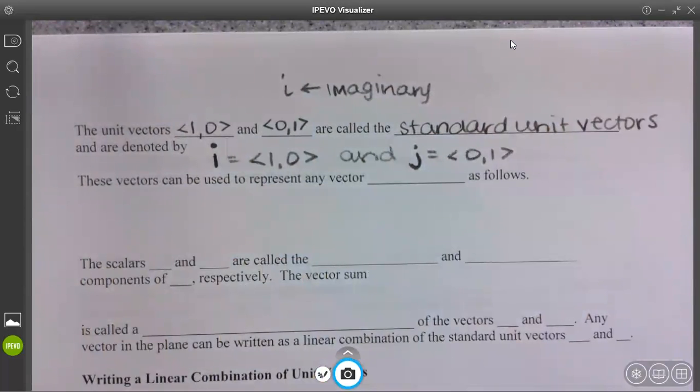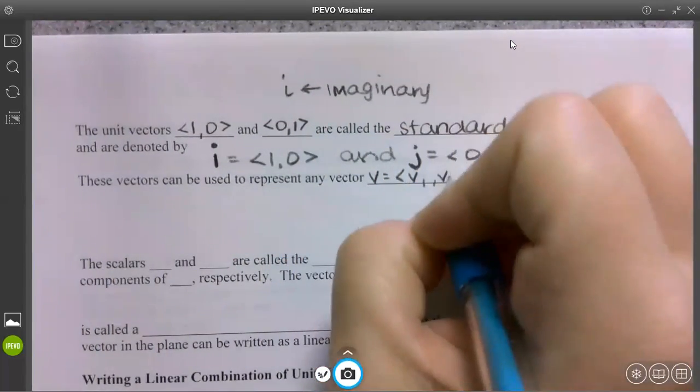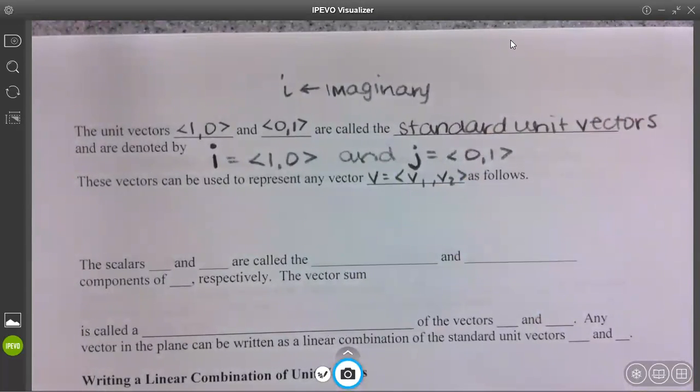These vectors can be used to represent any vector V = <V1, V2> as follows.